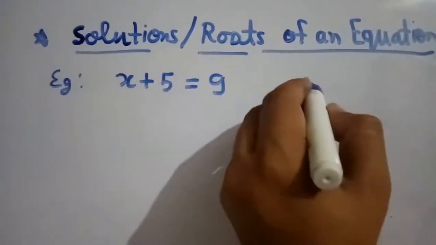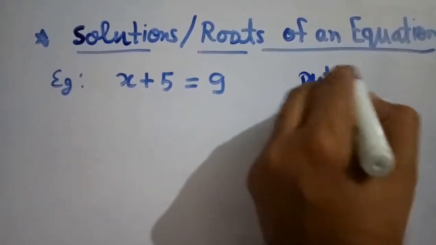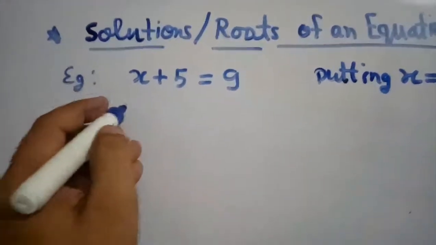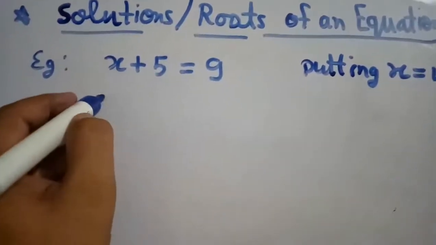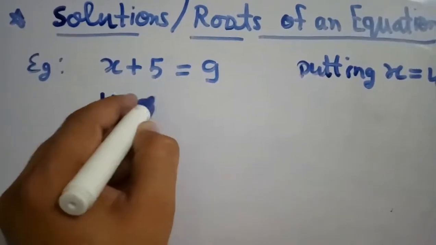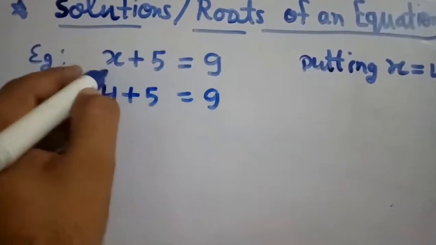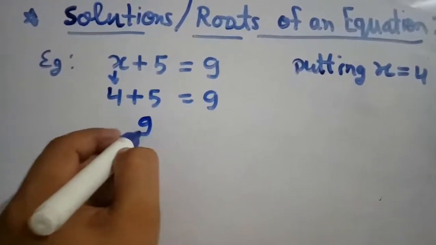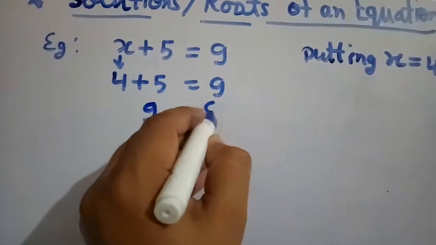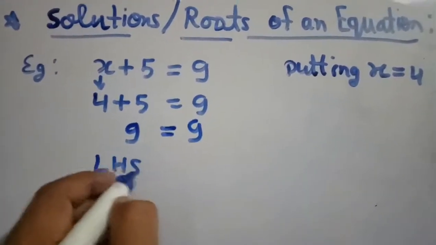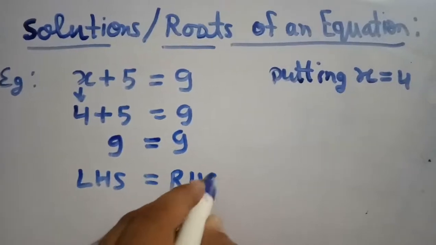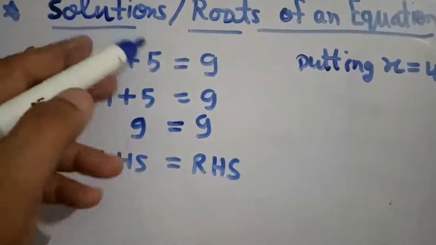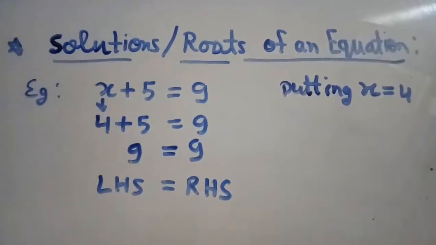If we put x is equal to 4 in this equation, on the left hand side, replace x by 4, 4 plus 5 is equal to 9. In place of x we put 4, so 4 plus 5 becomes 9 is equal to 9. So left hand side is equal to right hand side. So x is equal to 4 is called the solution of the given linear equation.